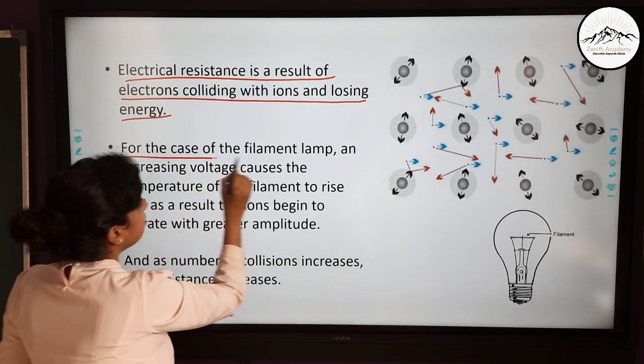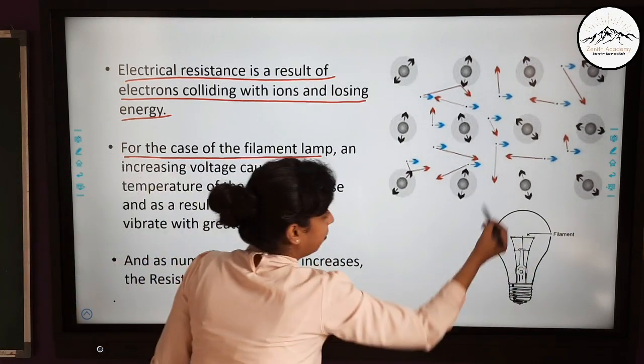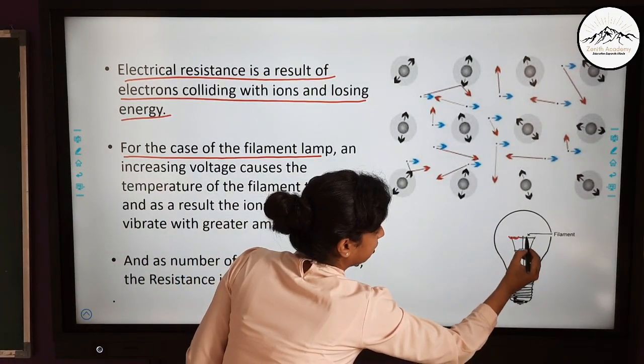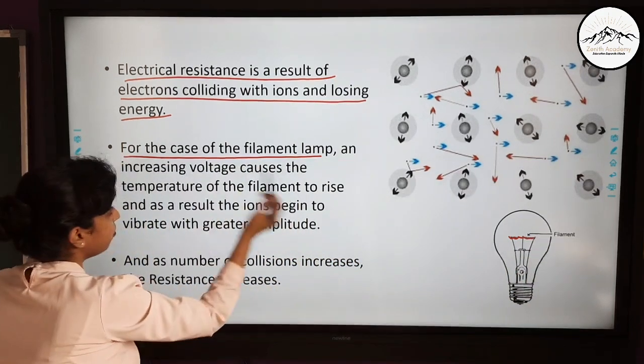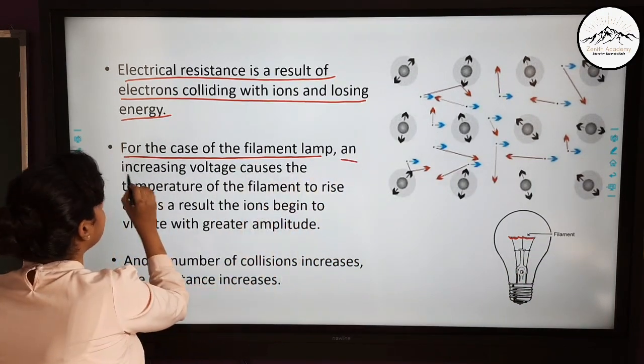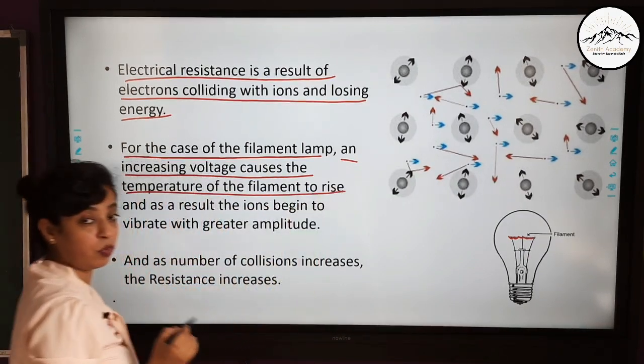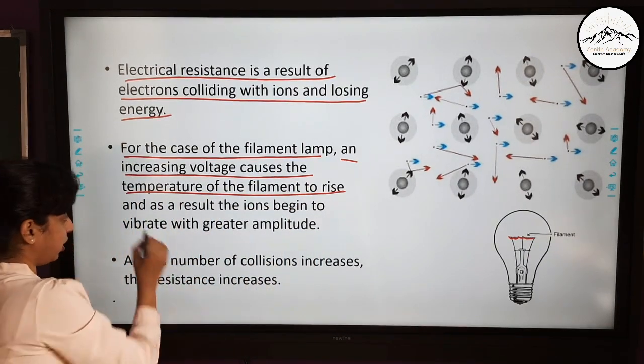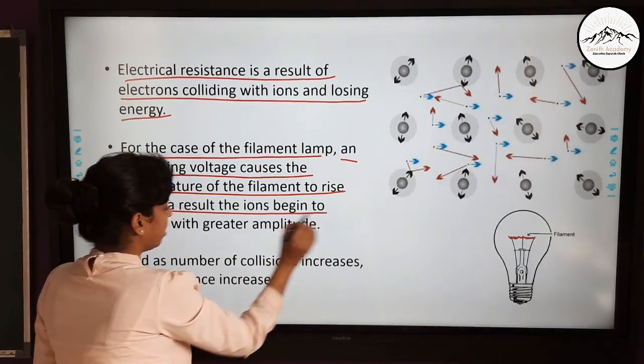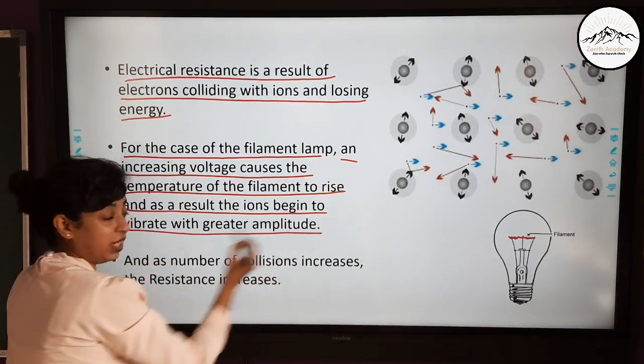And in the case of the filament lamp, if you see this filament lamp, there is a filament here. In the case of a filament lamp, an increasing voltage causes the temperature of the filament to rise. So when voltage is increased, the temperature increases, and as a result the ions begin to vibrate with greater amplitude.